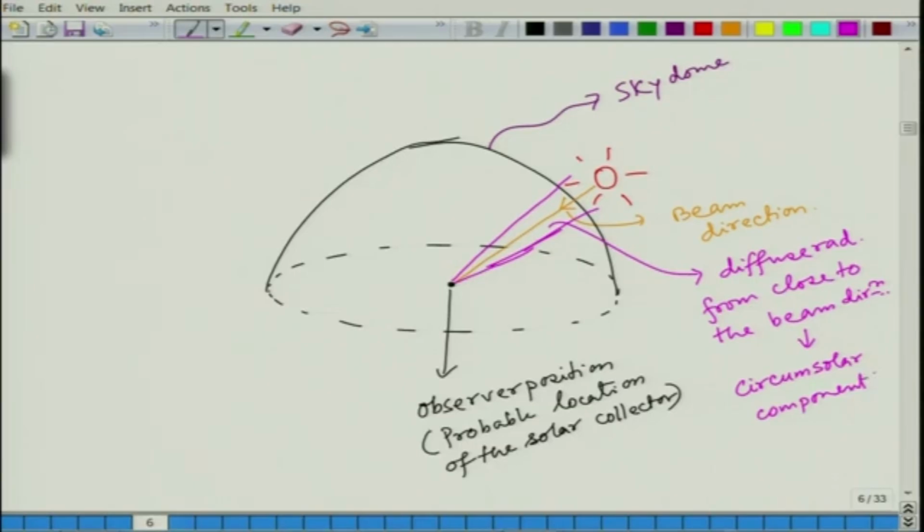Circum means around and solar means related to the sun. So, around the solar beam, that is what circumsolar means.